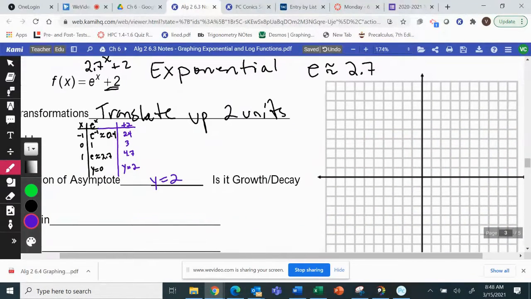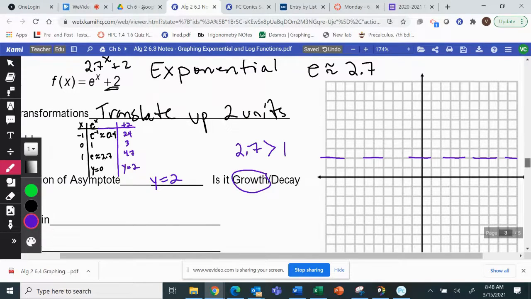I'm going to go to my graph, and y equals 2 gets dashed in there for the asymptote. Oh, I didn't ask, is this growth or decay? Emma, do you know if it's growth or decay? It is growth. The e value is greater than 1, so it's going to grow.